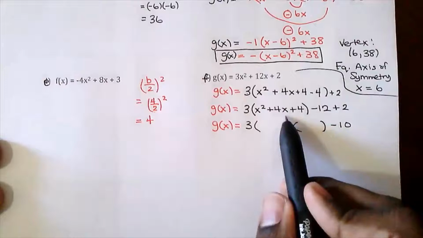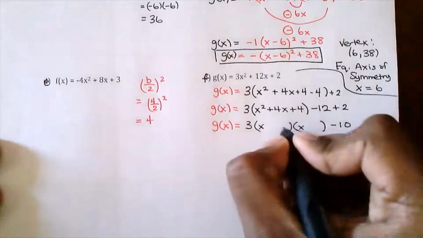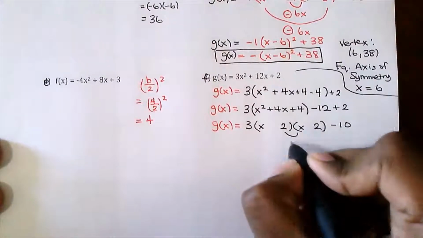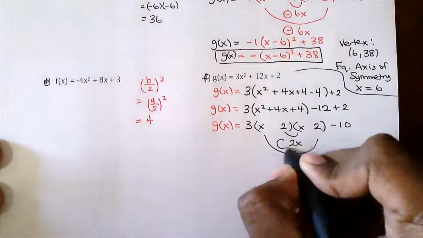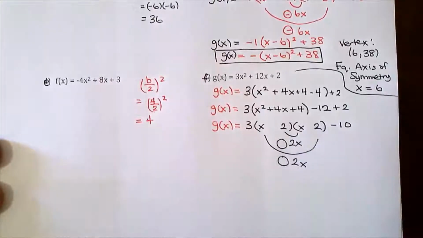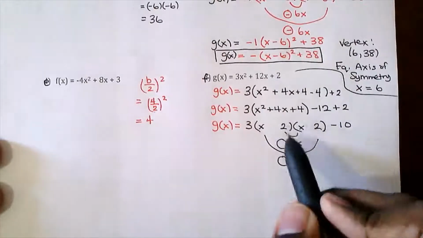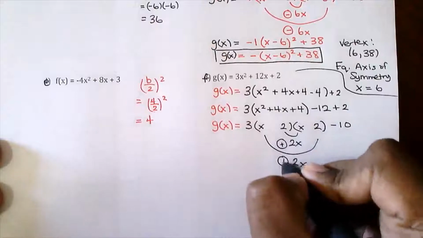And here I need to factor these. So x squared is just x and x. 4 is just 2 and 2. I'll do this double smiley, so 2x and 2x. I'm going to put the little circles in front of them because these need to add to get me to 4x. And to get to positive 4x, I'm going to have positive 2x and positive 2x.